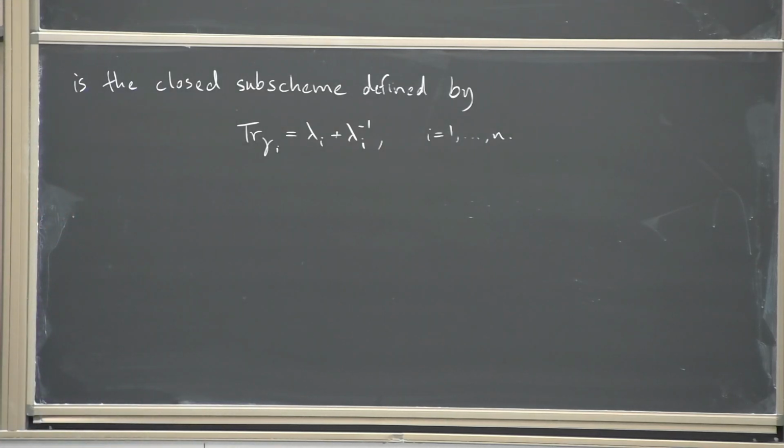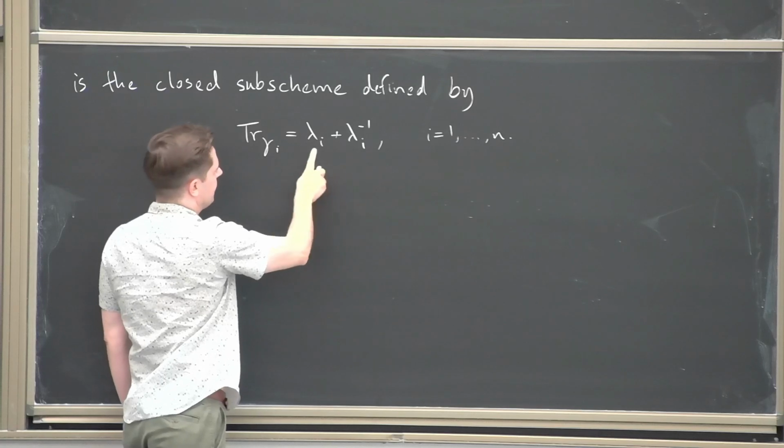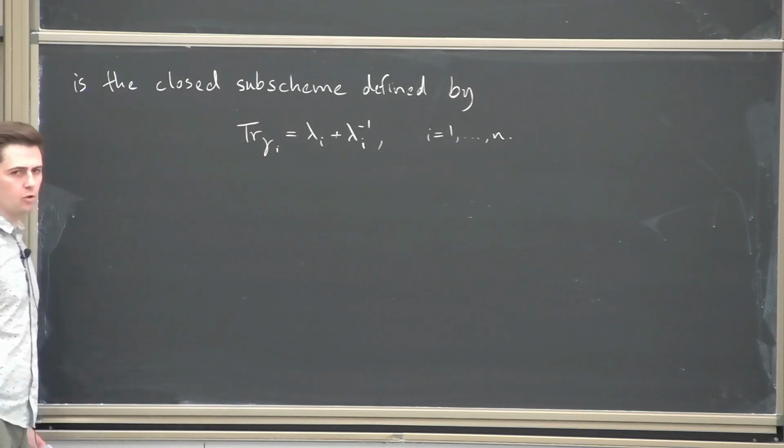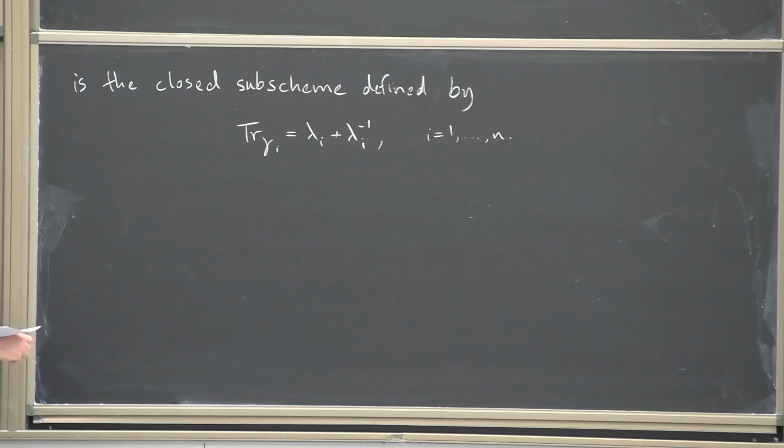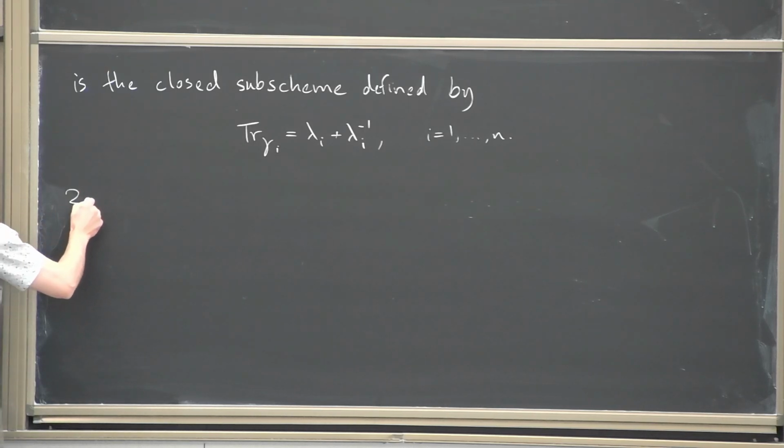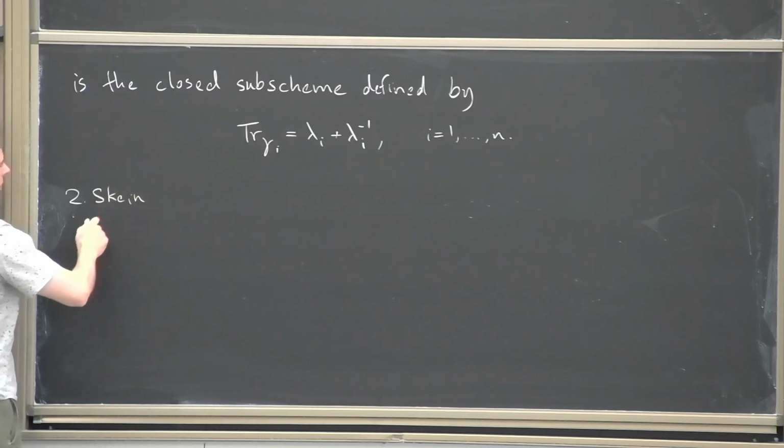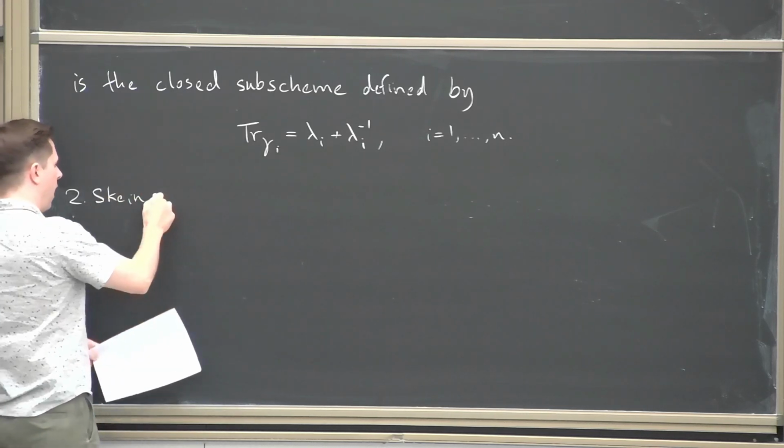So what this is saying is, it's like you're fixing the conjugacy class of rho of gamma_i for each boundary component, because this is like the sum of two eigenvalues of a matrix in SL2. So that's what the relative character variety is. And now I want to talk about skein algebras. What is that? So as I'll explain now, the skein algebra is a quantization of this space.